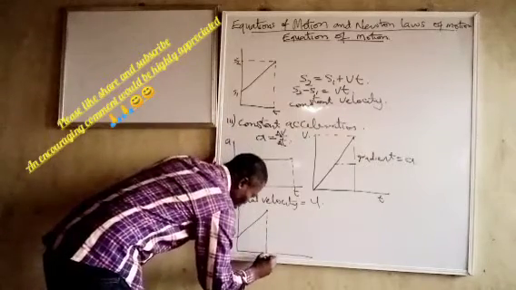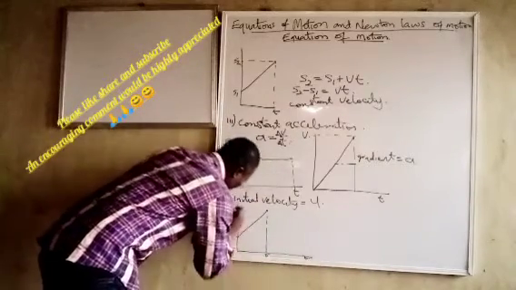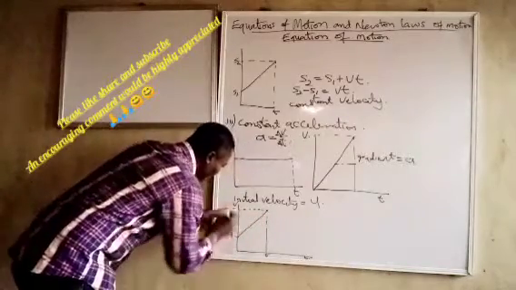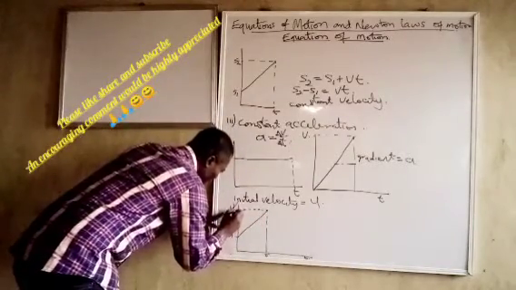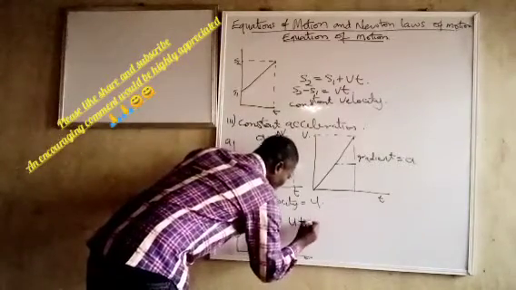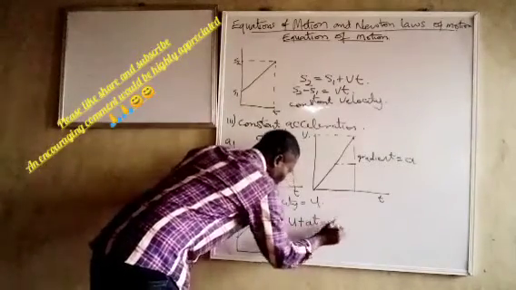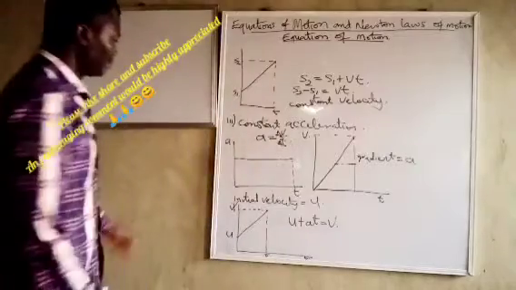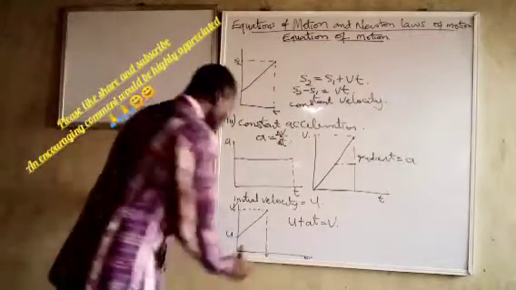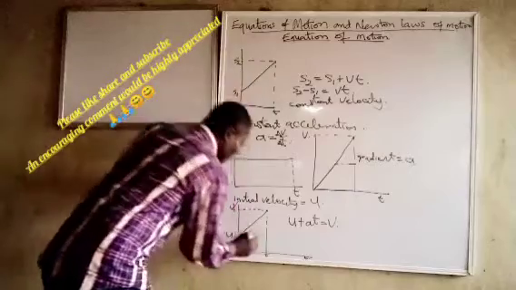And you see T. This is for velocity. So our final velocity will be equal to U plus AT. That's our final velocity. This is our velocity time graph for constant acceleration.